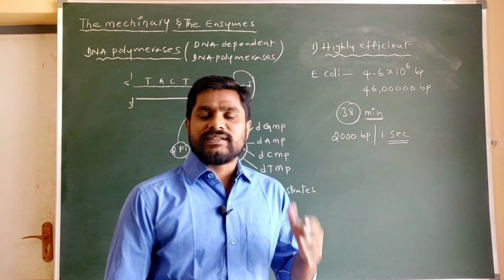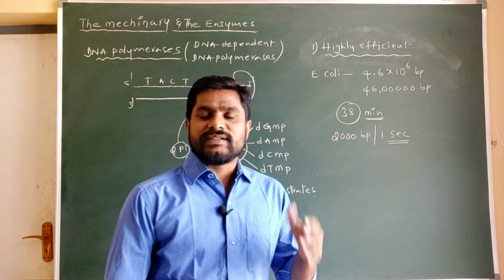And one more characteristic feature of this DNA polymerases is they show high degree of accuracy. That is, if adenosine monophosphate is there on template, this DNA polymerase exactly polymerizes thymidine monophosphate here.